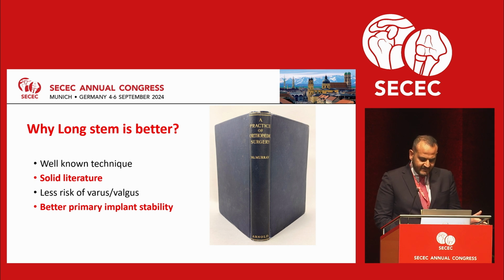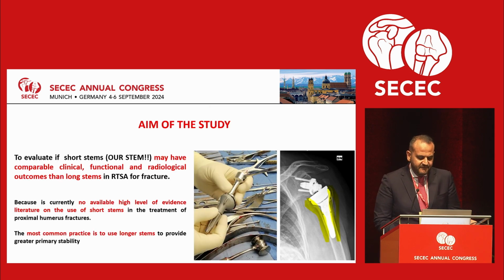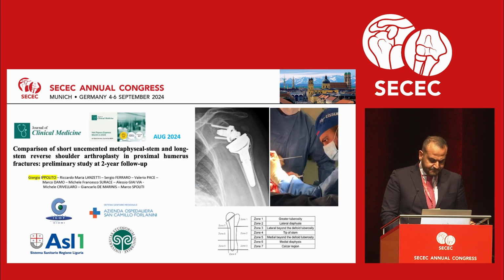While the long stem is better for solid literature and better primary stability. The aim of our study is to evaluate if our short stem may have comparable clinical, functional, and radiological results to the long stem in reverse shoulder arthroplasty for fracture.